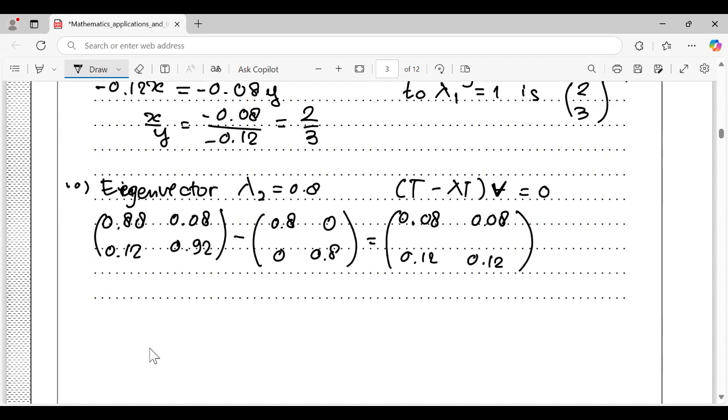And the next, solve the system of linear equations.